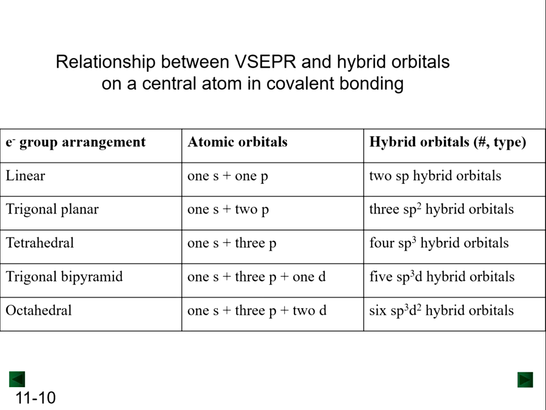We have to get to period 3, where the 3d orbitals can get involved. So we have 1s, 3p's, and 1d to make 5 sp3d hybrid orbitals. The octahedral electron group arrangement has 6 electron groups. Therefore, we need 6 atomic orbitals. So we have 1s, 3p's, and 2d's. This provides us 6 sp3d2 hybrid orbitals.